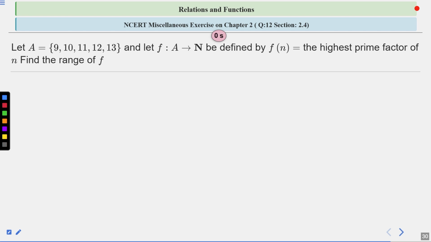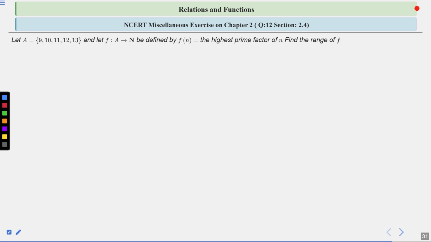The time is up. Here we are given the set A and a rule F, in this case a relation from A to N. We do not know if this is a function or not for now. What we want is simply that this is a relation.